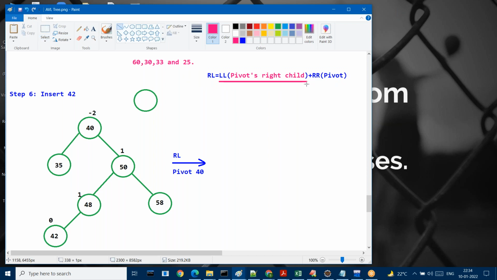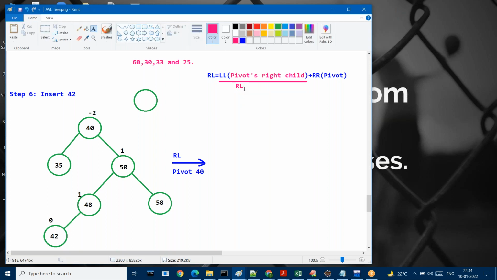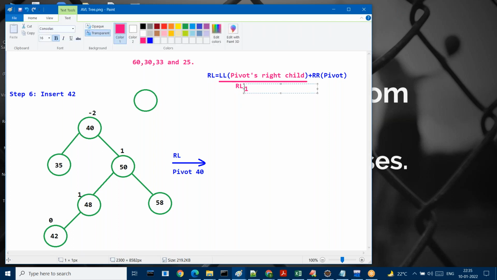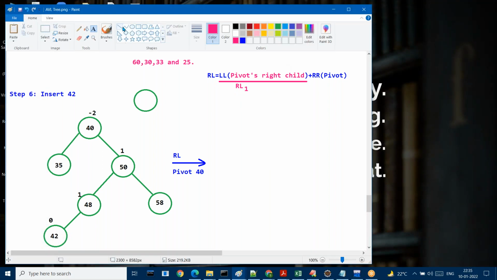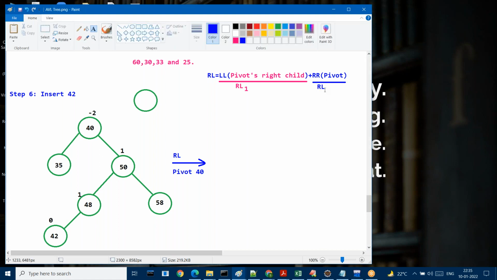Let us assume this part I'm considering as RL first part, that means RL1, and this part I'm considering RL2, the second part of RL.